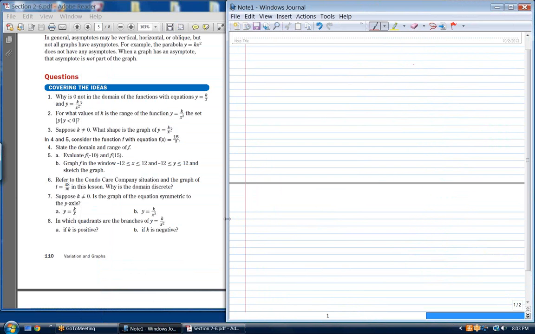I'm not sure. If I say, what is the domain of this function, what is the domain? It would be whatever x is. Whatever x can be, right, is what the definition of domain is.